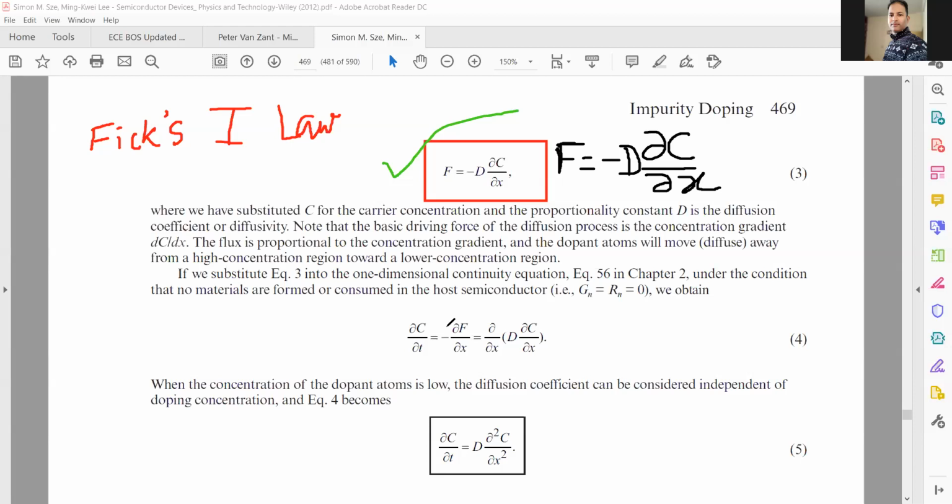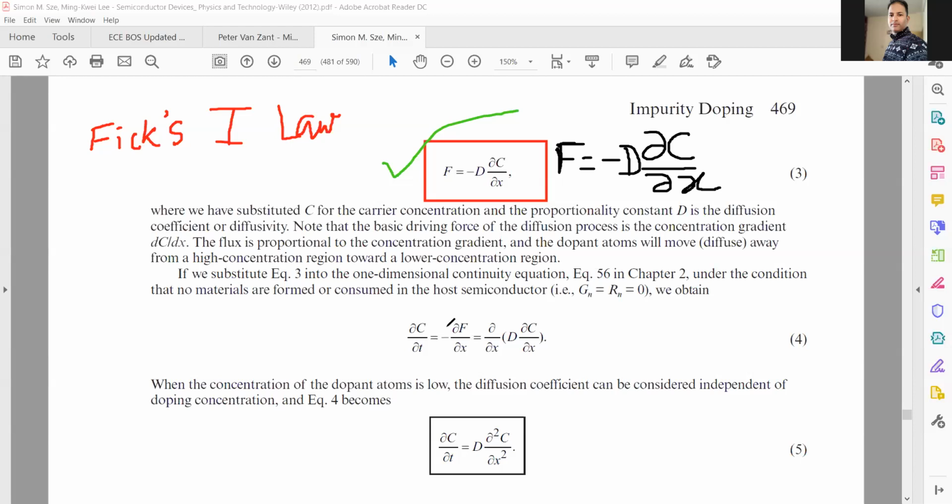So the change in dopant concentration inside a given volume will be equal to the difference of the outgoing dopants minus the incoming dopants. That difference basically gets added to the concentration inside that volume.